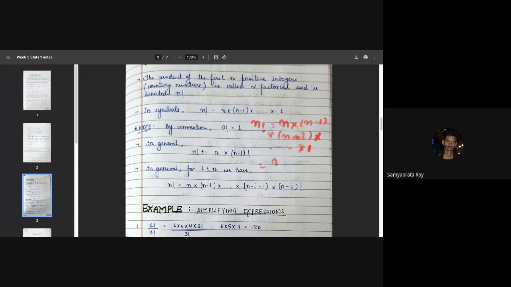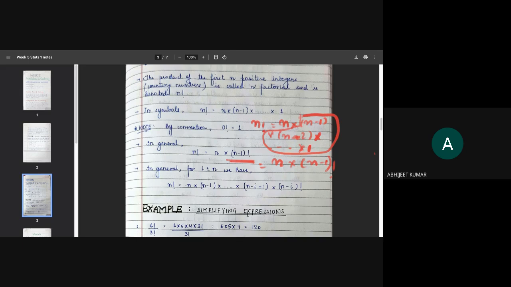Now, can I say this part is nothing but n minus 1 factorial? Cause this part is nothing but n minus 1 factorial only, isn't it? Fair enough.